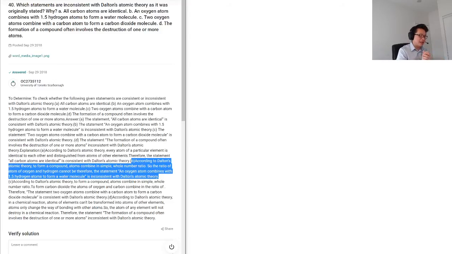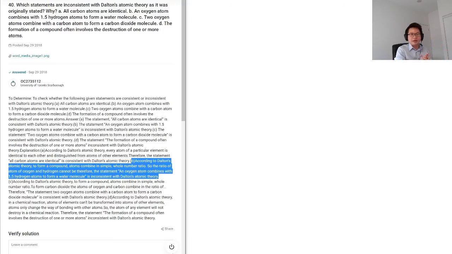As we know from Dalton atomic theory, each atom is a building block. For example, we have one building block and we mix it with another one, and they will form a compound. This compound must contain these two building blocks. But individual atoms cannot be further separated into much smaller building blocks.